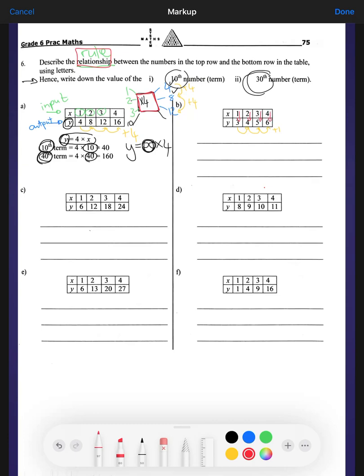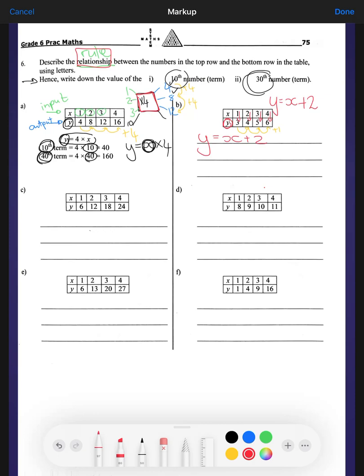Oh, I'm just plussing 2. Now don't just write plus 2. Tell me to get y, which is my bottom number, I need to take x and I need to plus 2. And then I will get the bottom number. So there, you've now written the rule. Y equals x plus 2 or 2 plus x.